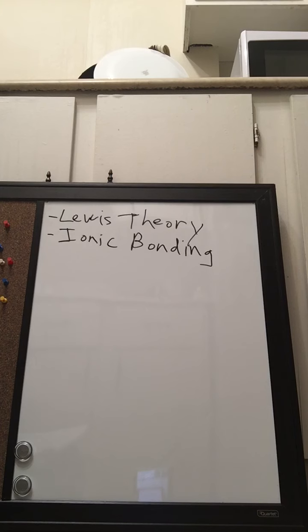Ionic bonding involves transferring electrons from metals to nonmetals. Then the resultant ions are allowed to form a crystalline lattice composed of alternating cations and anions.